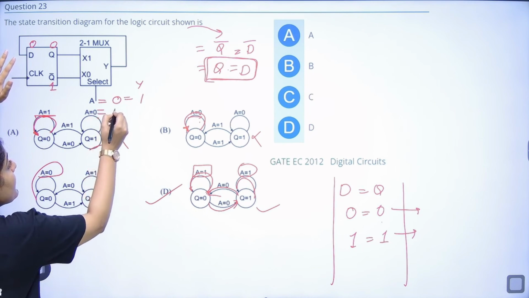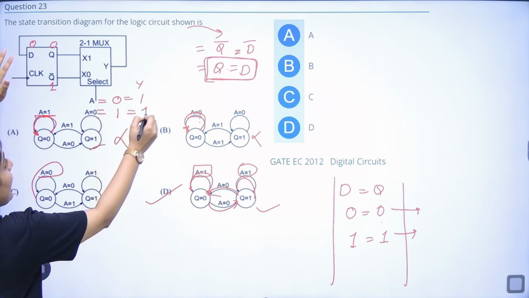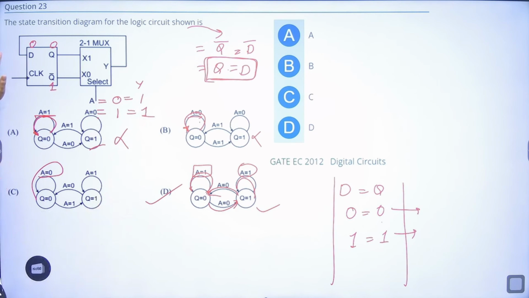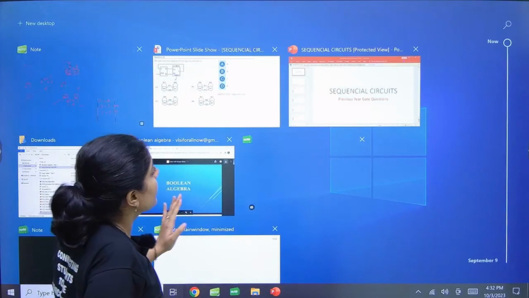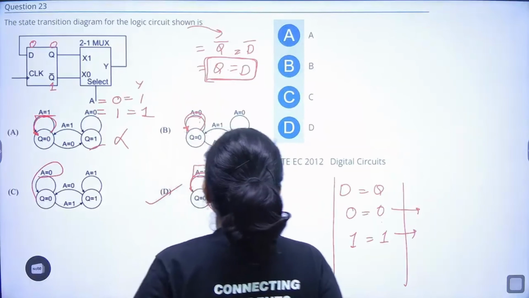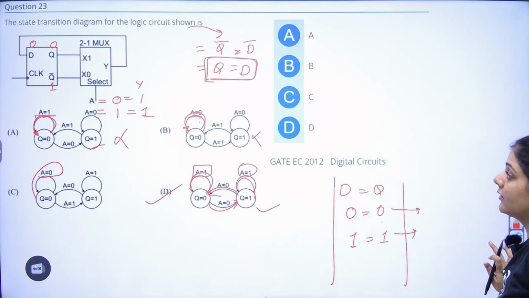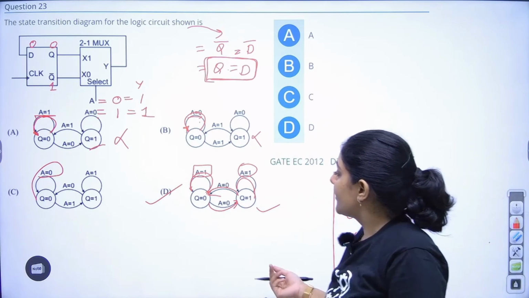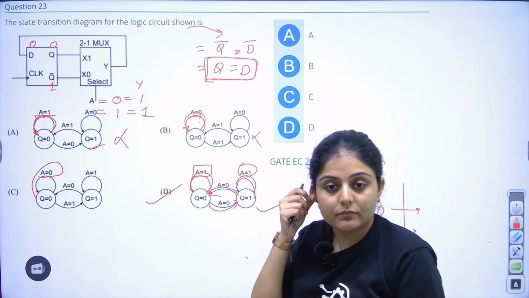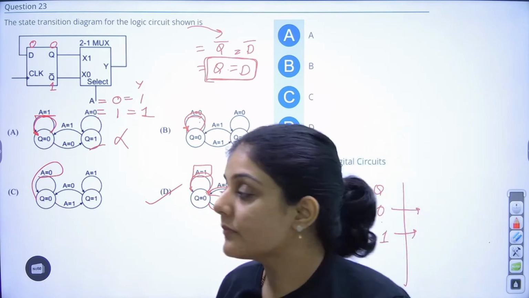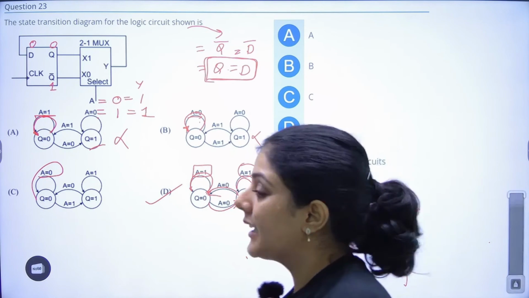If A value is 1, the output will remain as 1. Its value will be the same. It does not toggle at all. So this is what is happening. Right. So option D will be your correct state diagram for the given question.